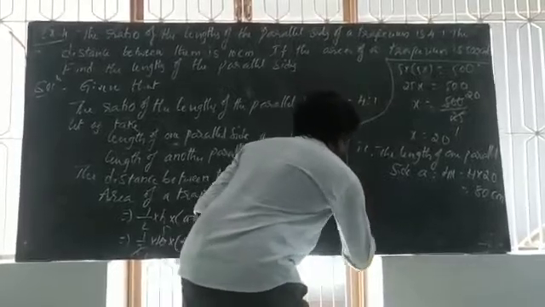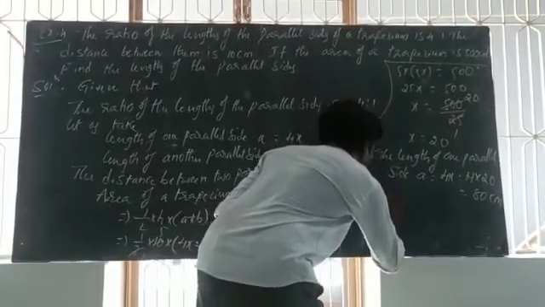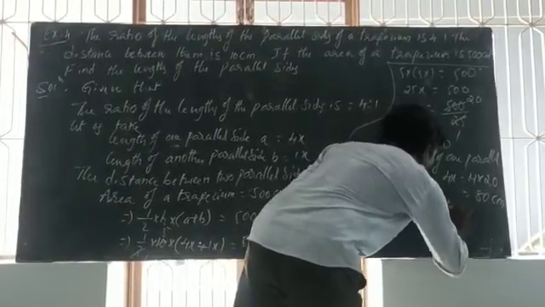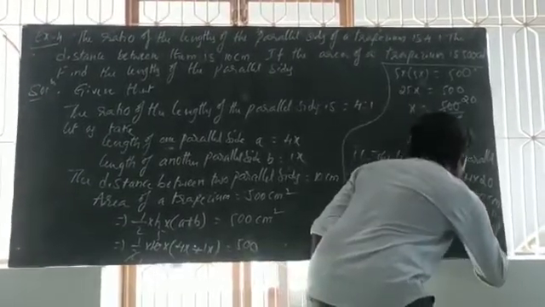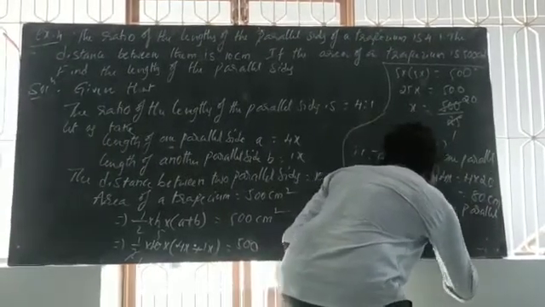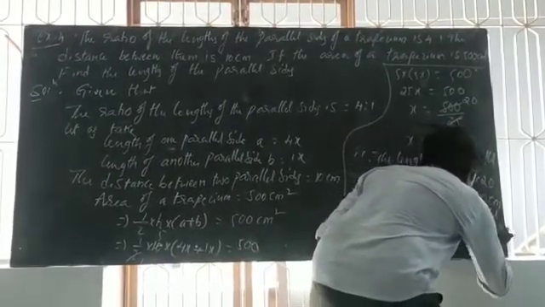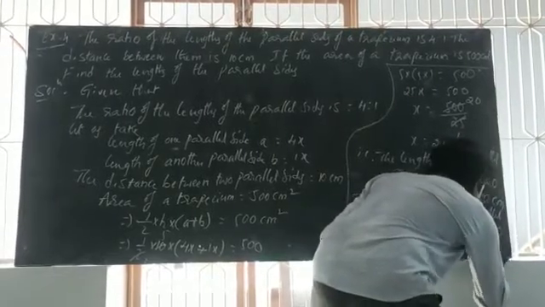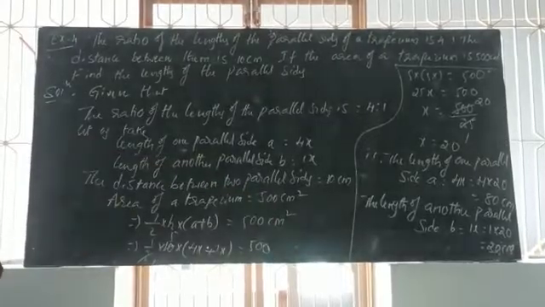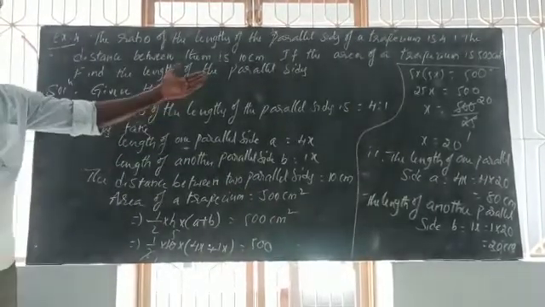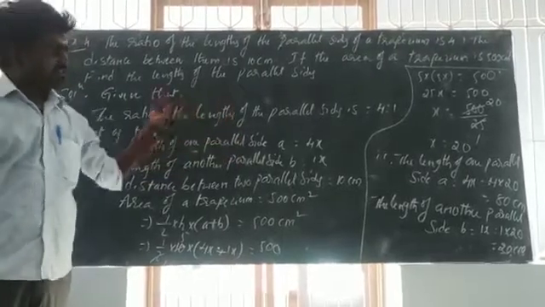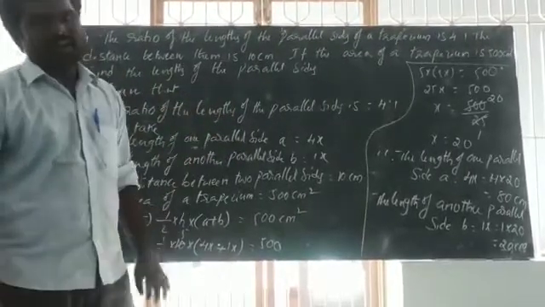So next, the length of another parallel side, b is equal to 1x, that is equal to 1 into 20 is equal to 20 centimeter. So this is the way to find the length of the parallel sides of the trapezium.